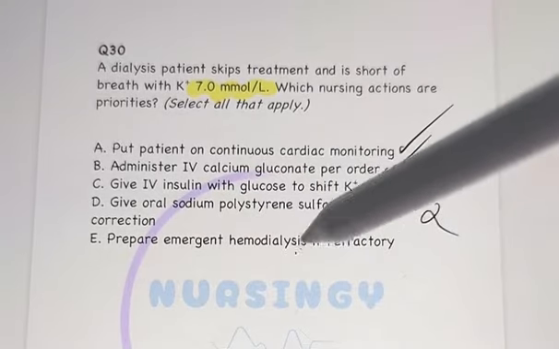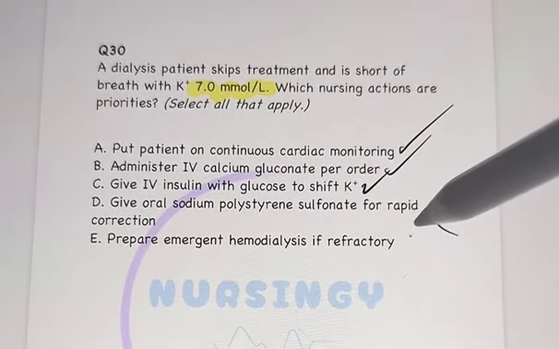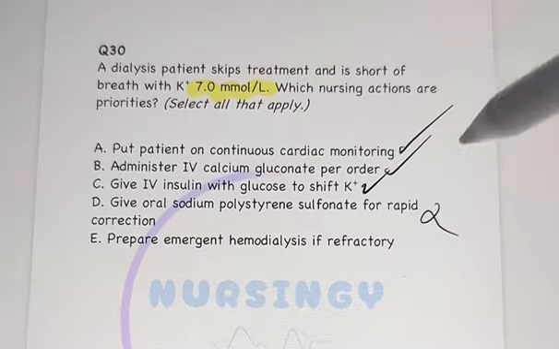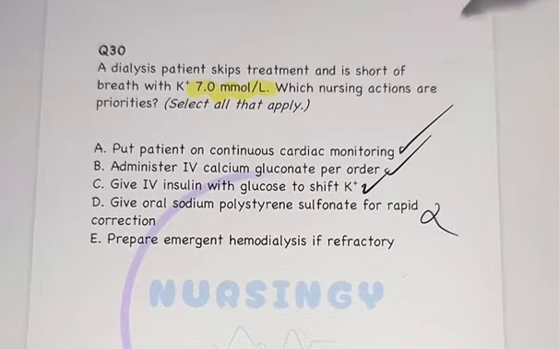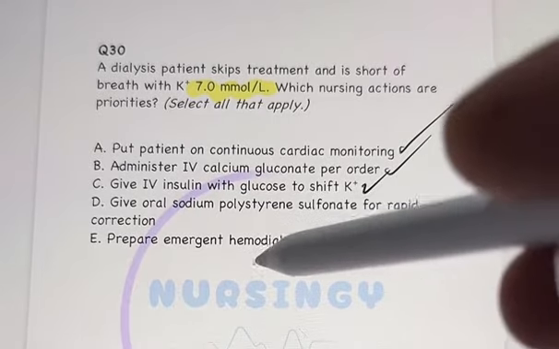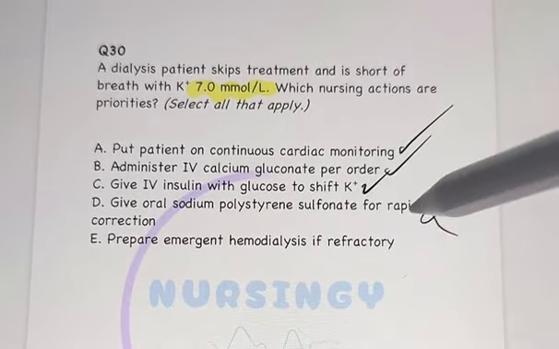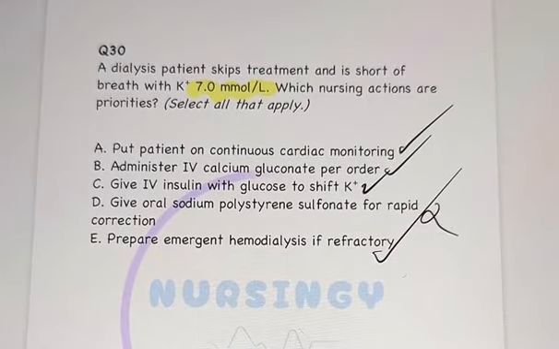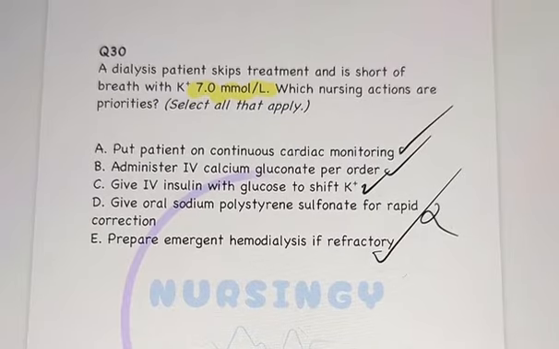Prepare emergent hemodialysis if refractory. We already did this question before. Refractory means medications and other measures are not working, so we need hemodialysis to correct the potassium level. Refractory always means you have tried everything else and nothing worked.